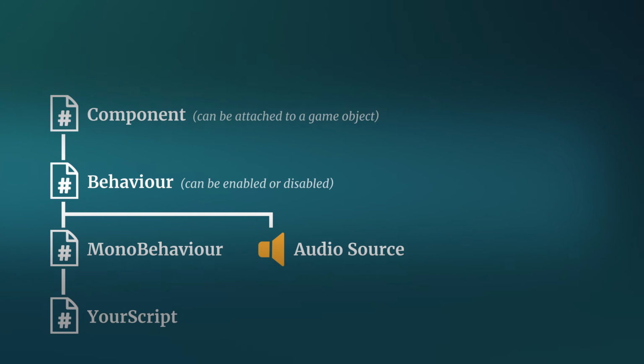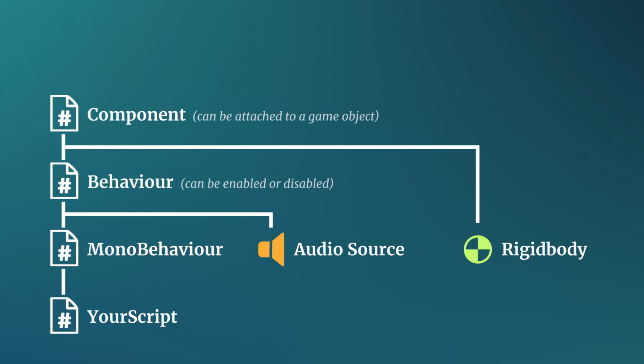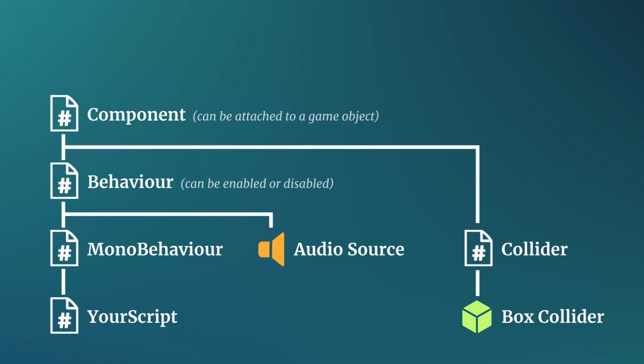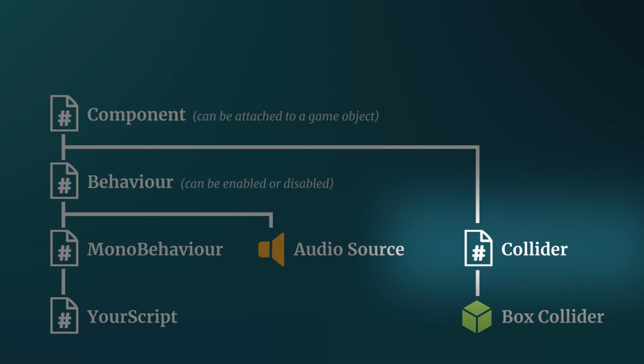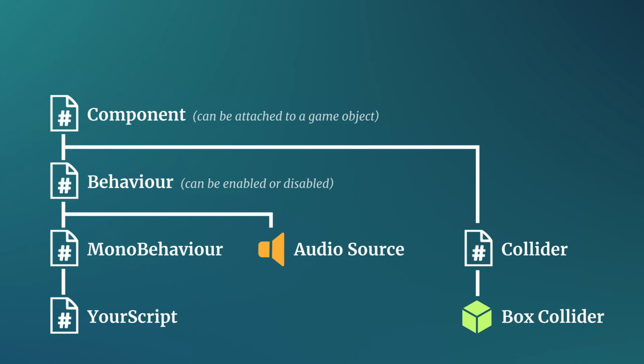A couple of exceptions to this are Rigidbodies, which can't be turned off, and 3D colliders, which implement their own enabled property in their base Collider class, both of which connect directly to the Component class, which in turn inherits from the Object class, which is the top level, and the base class for all referenceable types in Unity.